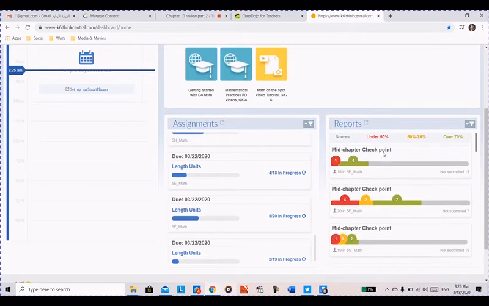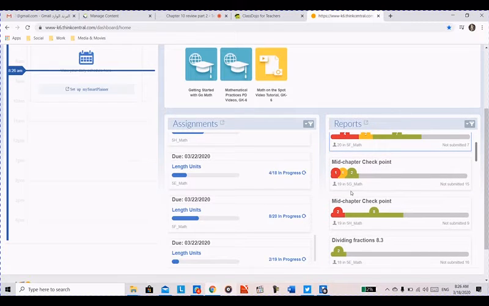This report is about, the red one is under 50%, and this yellow part is between 50% and 70%, and the green one is over 70%. I have the reports of each class, 5E here, 5F here, 5G here, and 5H here.